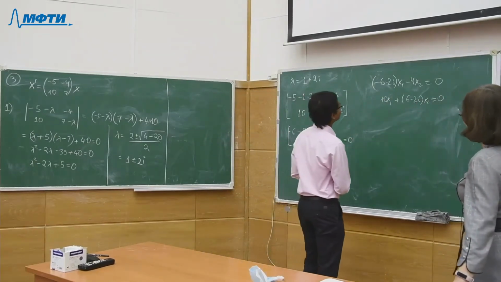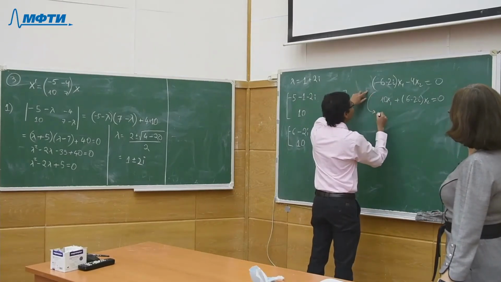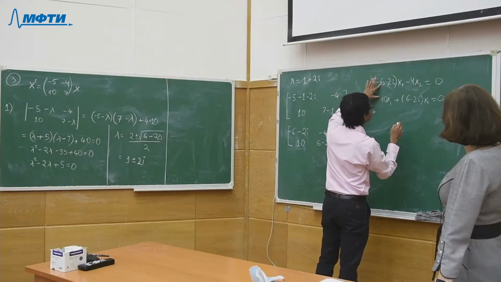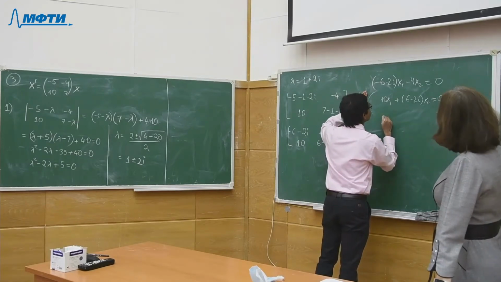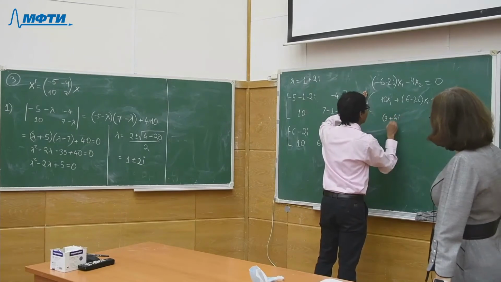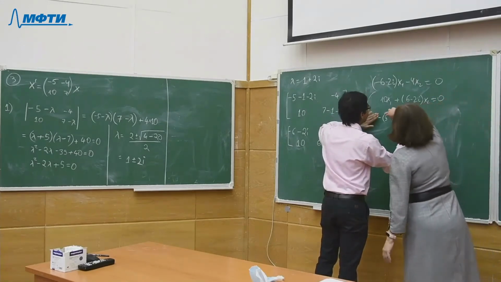How to check this? I suggest to divide both equations by 2. Okay, so this is 3 plus, not 2i, 3 plus i, just i, and remove the minus.